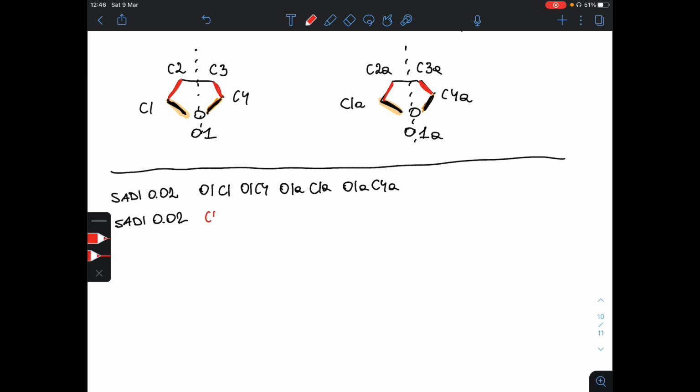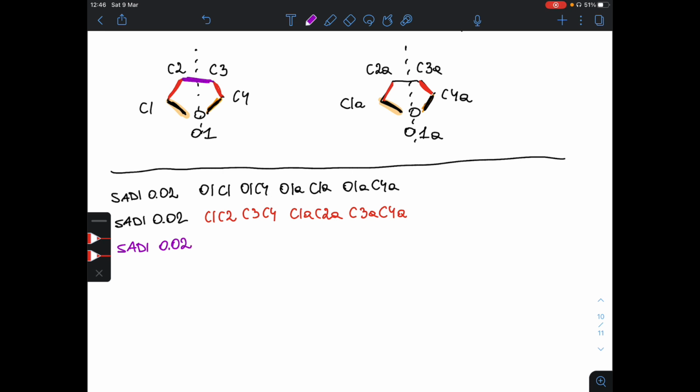So C1 C2 similar to C3 C4, similar to C1A C2A, similar to C3A C4A. Done.